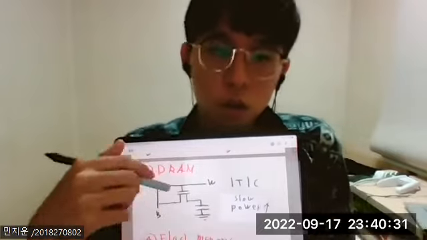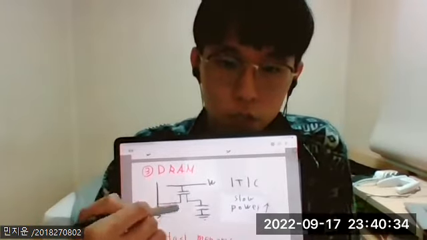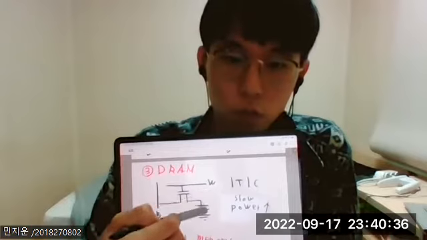Next one is DRAM. DRAM has one transistor and one capacitor.